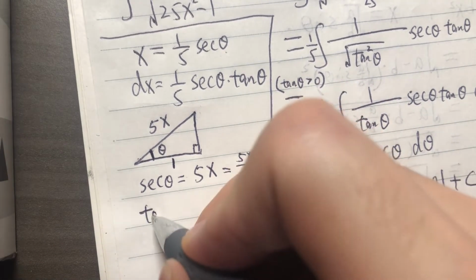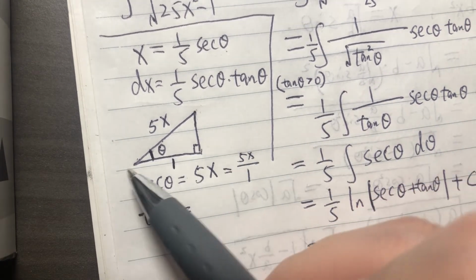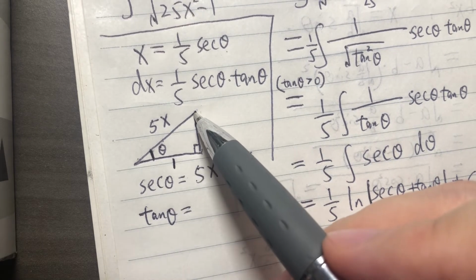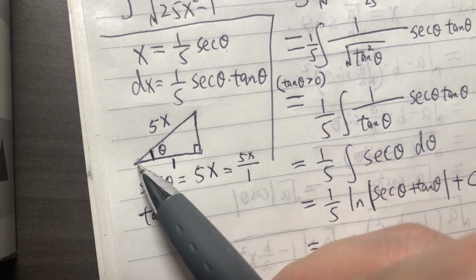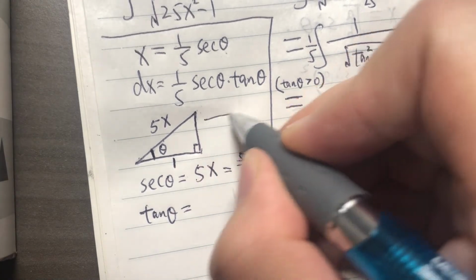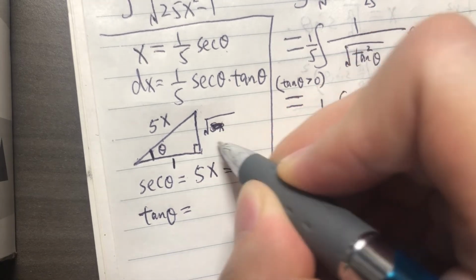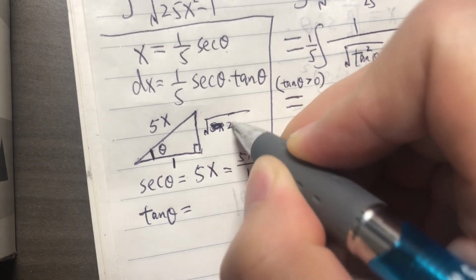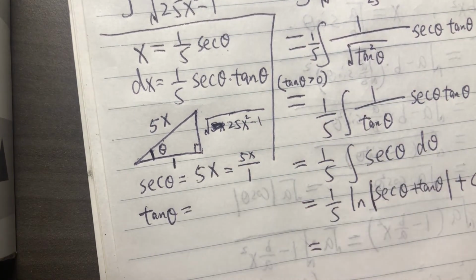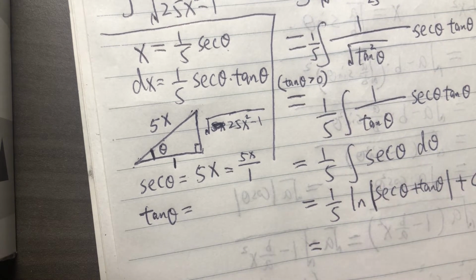So what about tangent theta? Tangent is opposite over adjacent. So what is this side? This is the square root of 25x squared minus 1. This is a right triangle, so you know these two sides and you can compute the third.